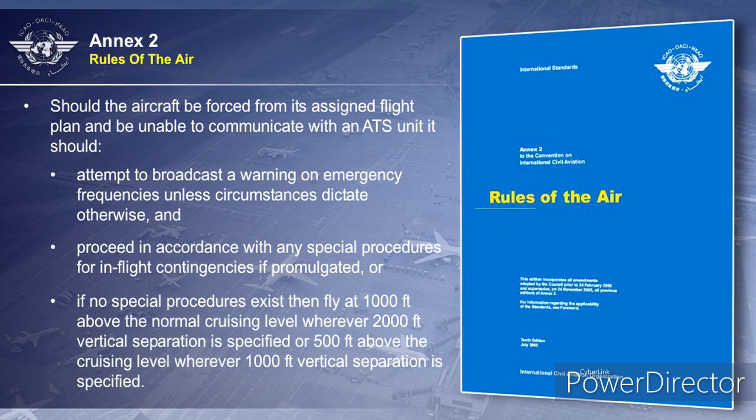If no special procedures exist, fly at 1,000 feet above the normal cruising level, wherever 2,000 feet vertical separation is specified, or 500 feet above the cruising level, wherever 1,000 feet vertical separation is specified.